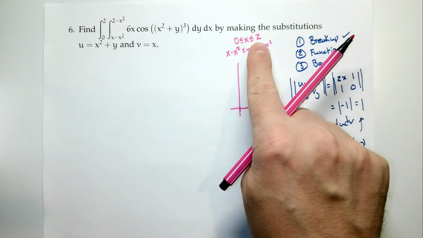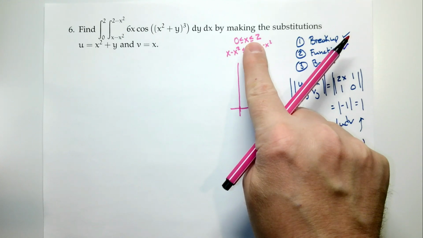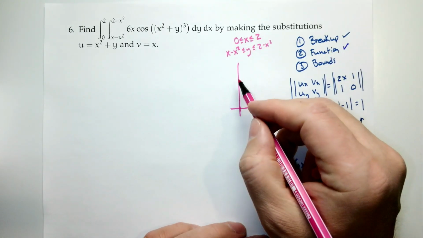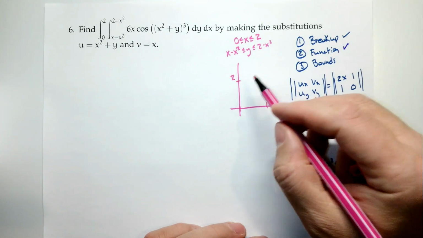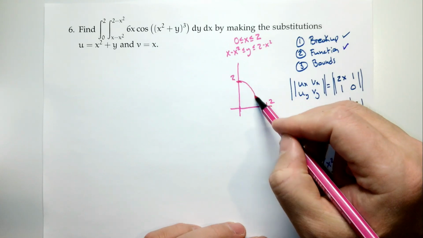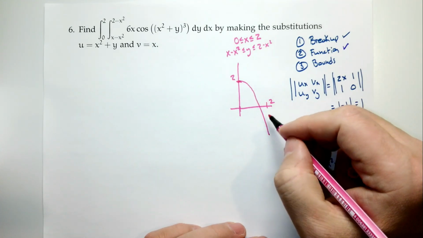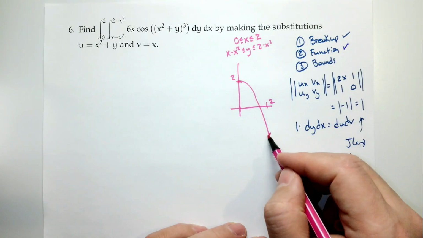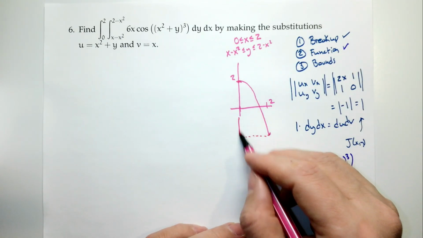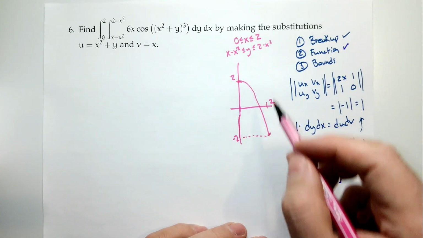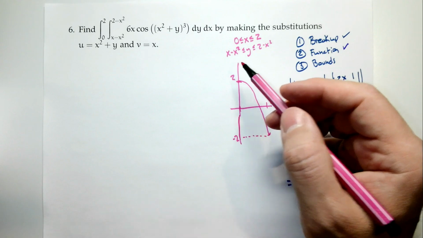Start with y equals x squared, take the negative, flip it over, and shift it up 2. So you're coming up here to positive 2, and it opens down. Down here at 2, 2 minus 2 squared is 2 minus 4, which is negative 2. So that's the top one.